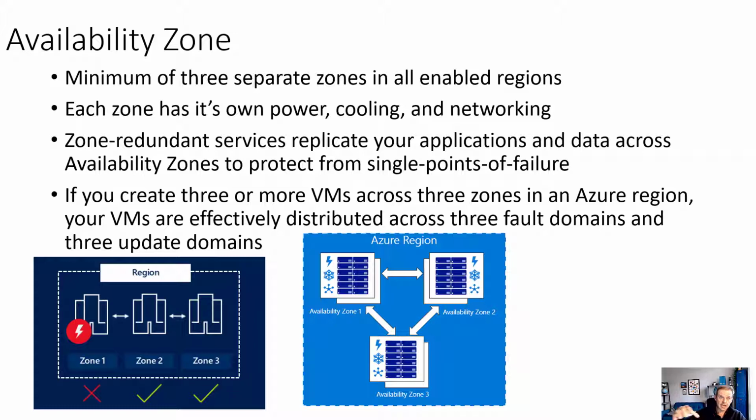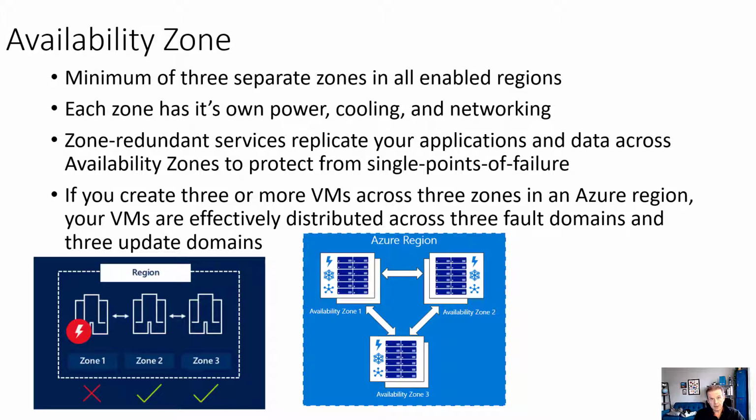Well, their connection to the internet might be provided by a different service provider. So that way, if AT&T goes down, another ISP is still up and running on a different zone in that region. So the point is, when you choose an availability zone, you're choosing which one of these infrastructure components you're going to be putting your VM on.